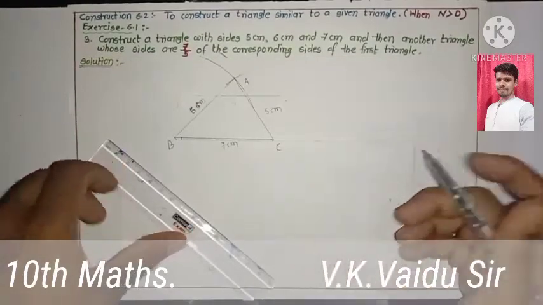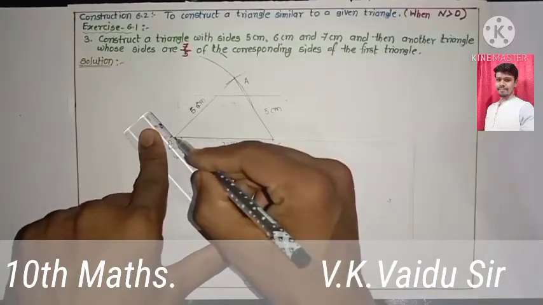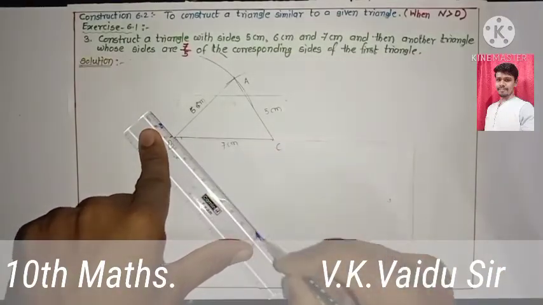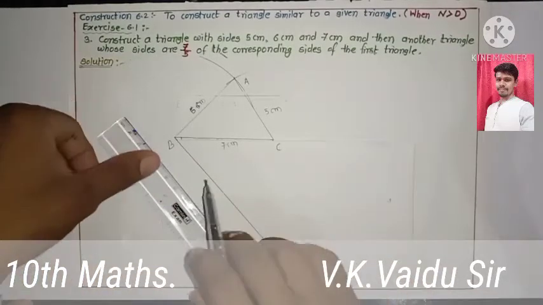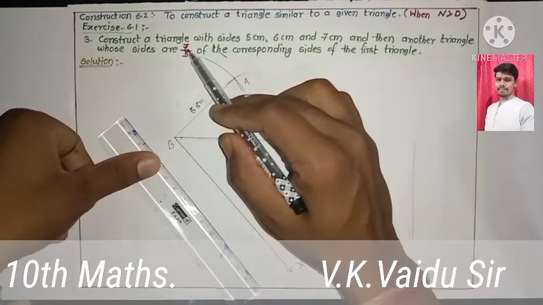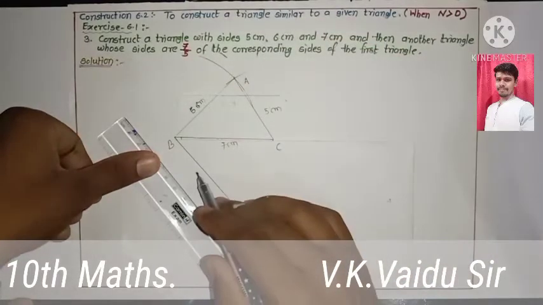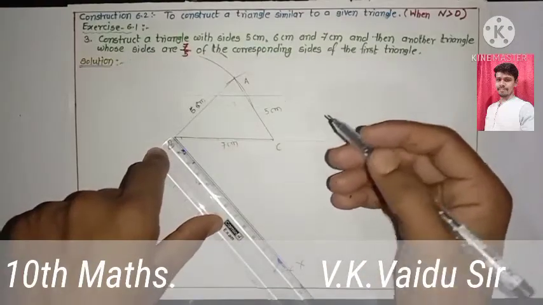Next, draw one ray BX through point B, of any length. On BX take 7 equal points. The number of equal points is the bigger number, the numerator.